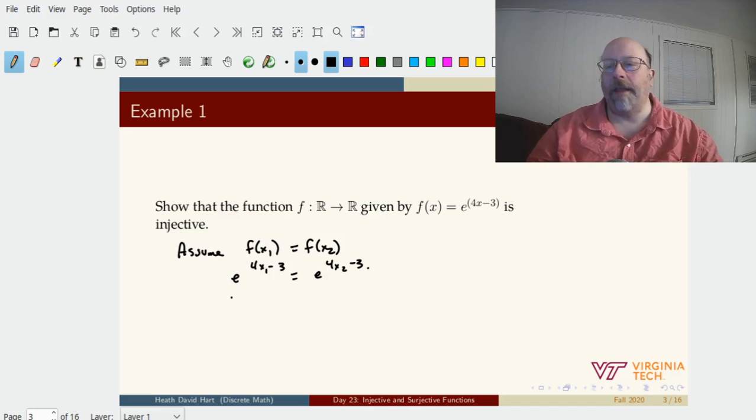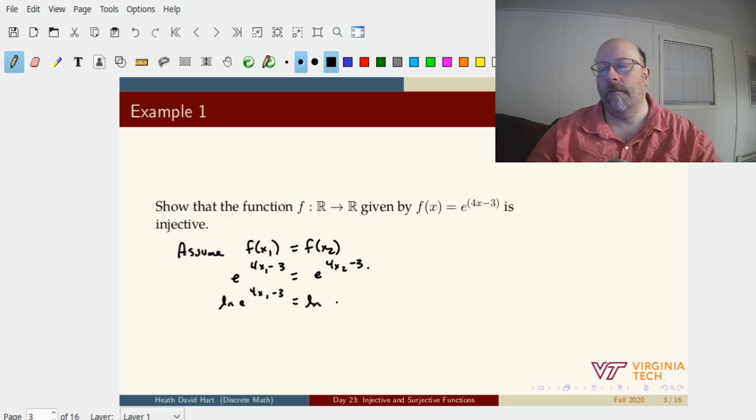Are we allowed to take the natural log on both sides? And that cancels with the e, so we get 4x1 minus 3 equals 4x2 minus 3. If I add 3 to both sides, then I get 4x1 equal to 4x2.